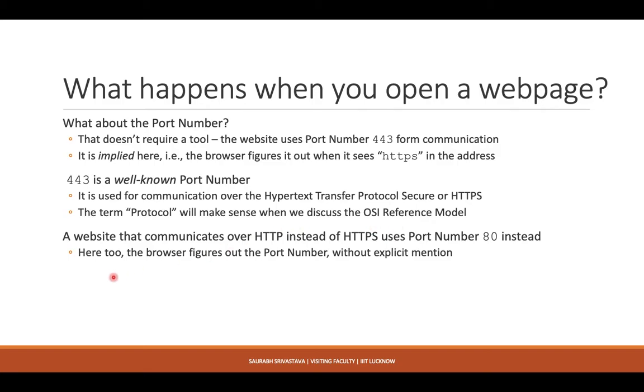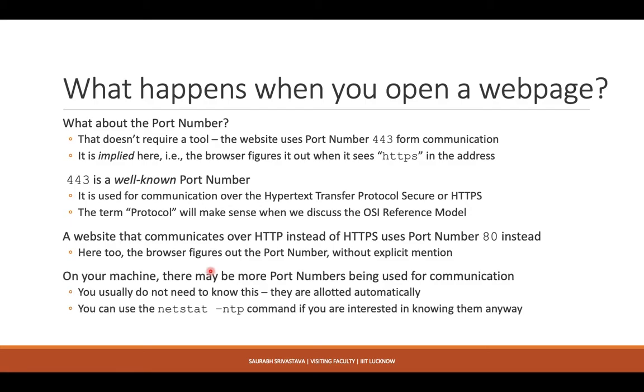A website that communicates over HTTP, of course, uses port number 80, and all those websites which communicate over HTTPS use 443 instead. These are two different protocols. It's not too different, but for now you can just assume that they are two different versions of the same protocol.